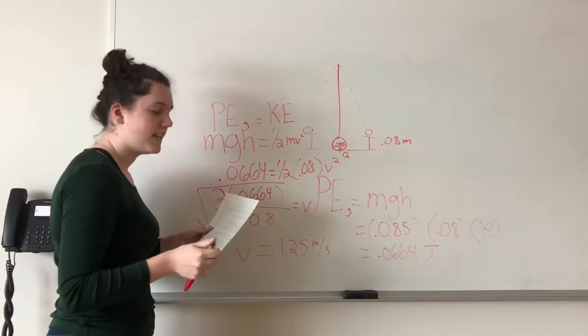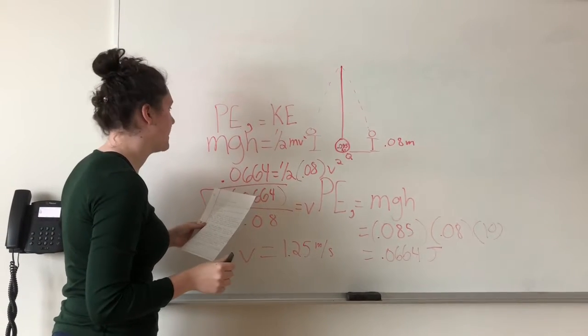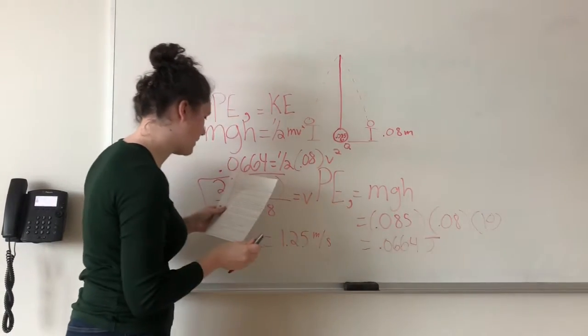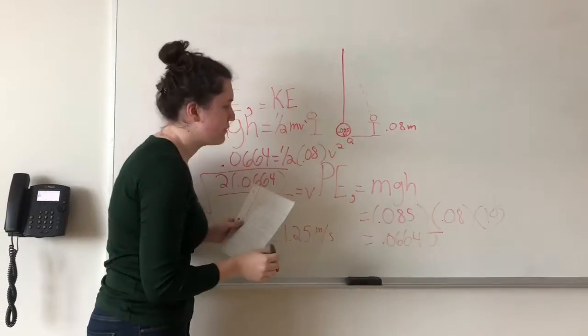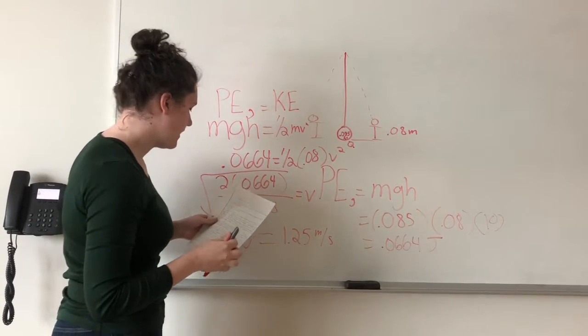Great. Krista, can you calculate the instantaneous velocity of the object at its lowest point? Well, we find the initial gravitational potential energy at point Q using mgh because we have the mass, which is 0.085, multiplied by the height, 0.08, and by the gravitational acceleration, which could be rounded to 10.